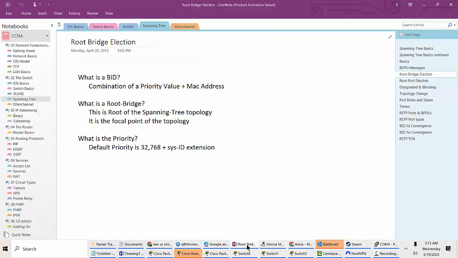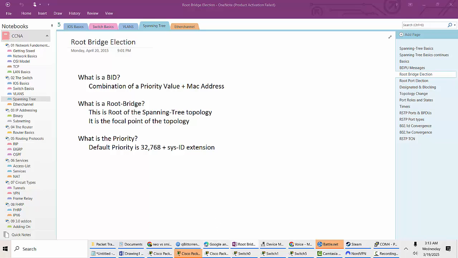Your root bridge is the focal point of your topology. It'll be the only switch where every one of your links is in forwarding status.